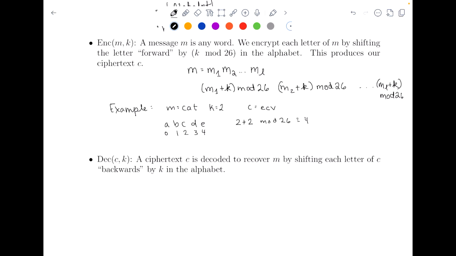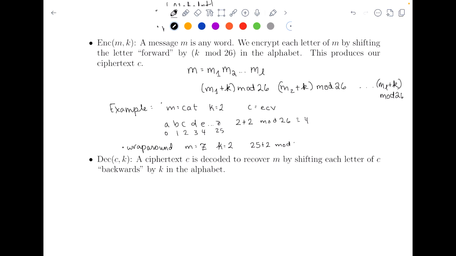And because of the modular arithmetic, remember that we're going to wrap around. So for example, if my message were literally just the letter Z and we had a K of 2, then going back around, Z is going to be 25. 25 plus 2 is 27.